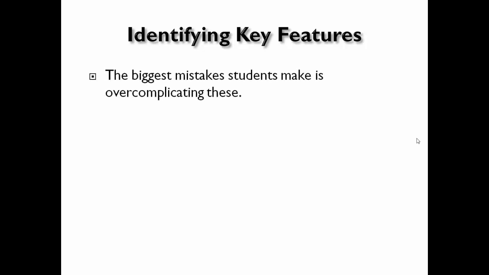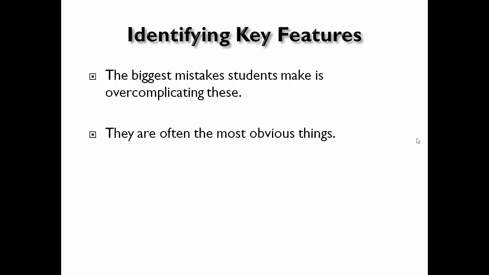So let's move on to identifying key features. The biggest mistake students make is overcomplicating these. The number one thing that students do is they make their job more complicated, more complex than it really needs to be. The things that you're looking for are often the most obvious things.